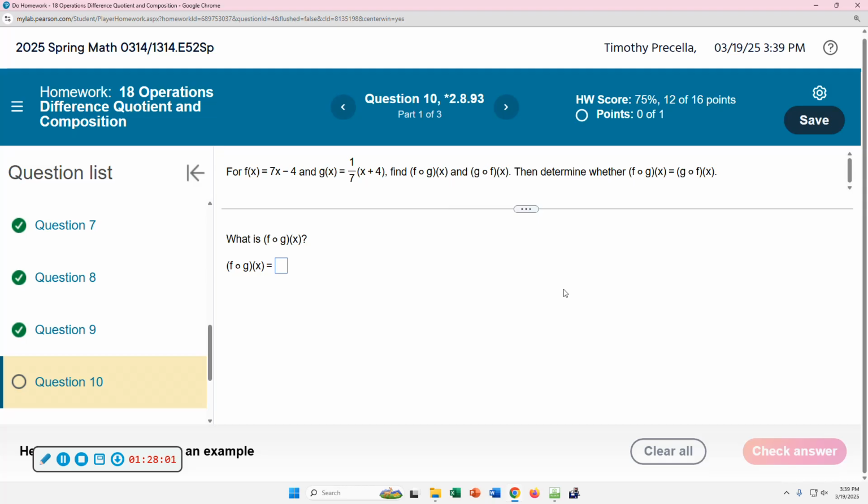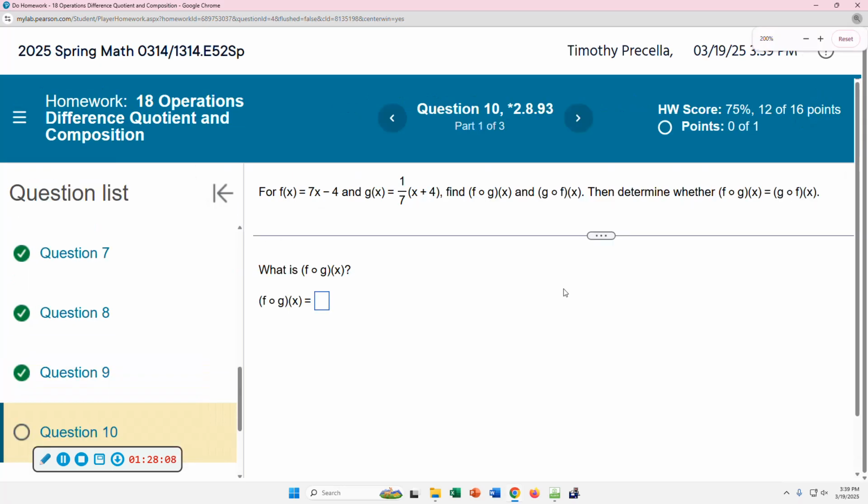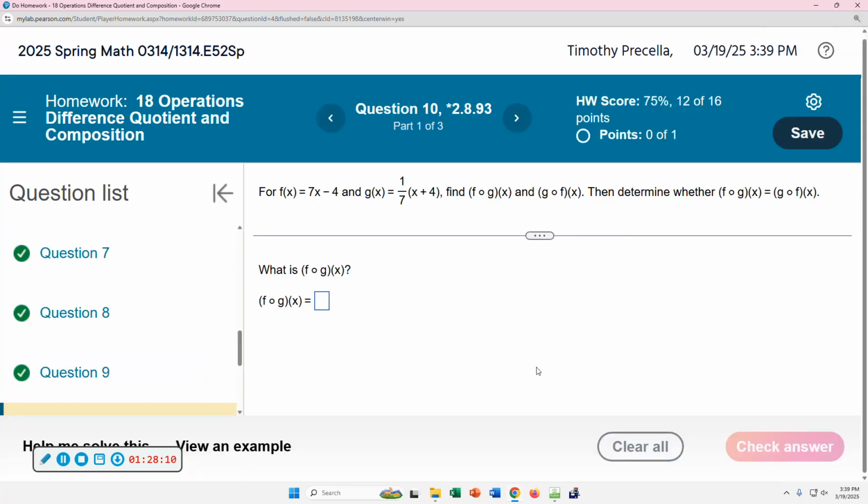But number 10. It's the same stuff we've been doing. It's just one more question at the end, yes or no? Number 10, f of x is equal to 7x minus 4, and g of x is equal to 1/7 times x plus 4.